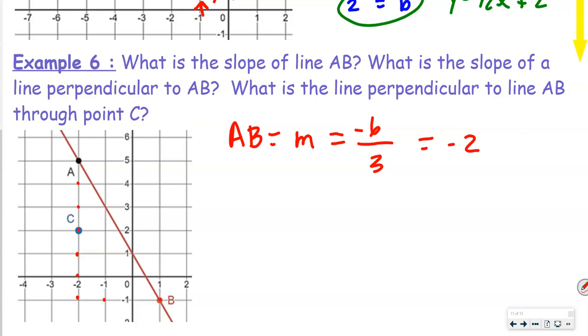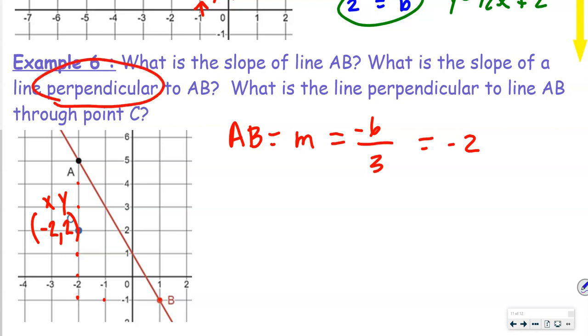Okay, then let's look what our C is here. So C this time is -2, 2. Okay, so we're going to plug that in for our x and our y. Again, in our equation, y equals mx plus b. But before we do that, we need to find out what the perpendicular slope is, because we see it says we got to find the perpendicular slope right there.